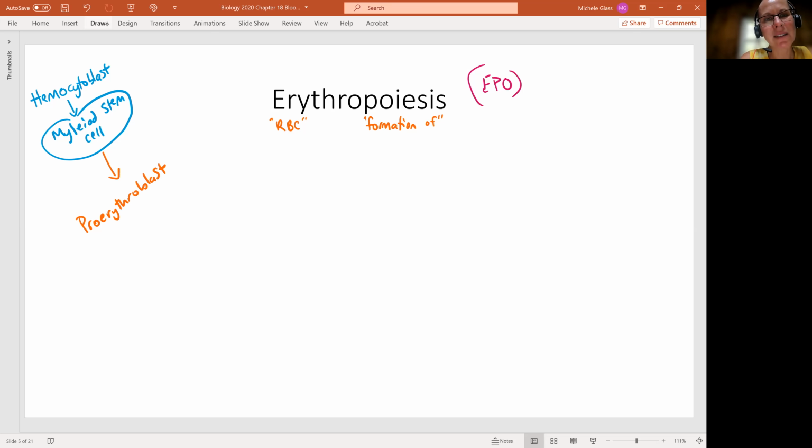So a blast cell is a producing cell. It's making something, and pro here is becoming what we're going to see as an erythroblast. So this is like day one. And then we see it's developing into the erythroblast.